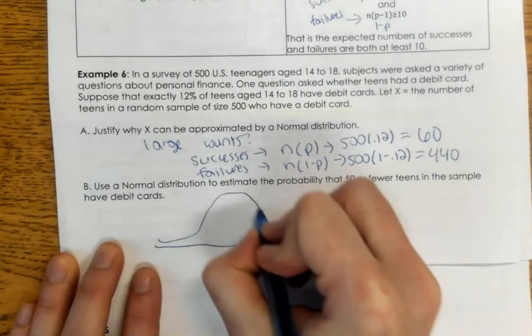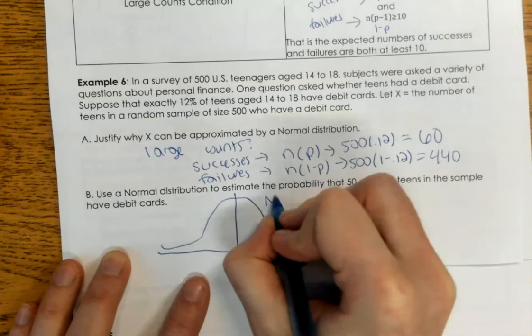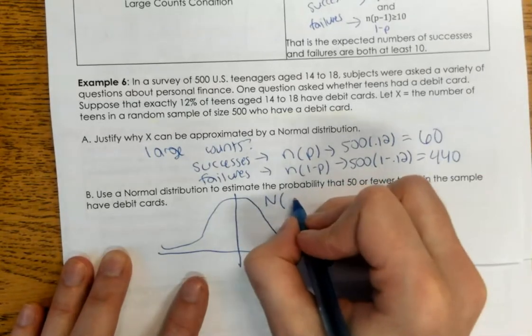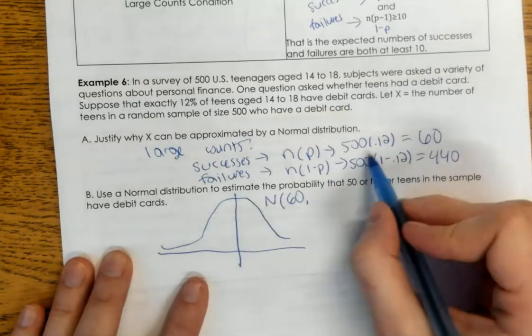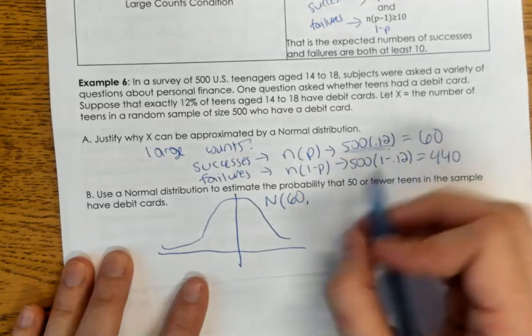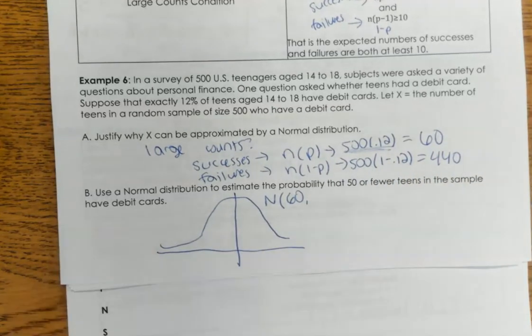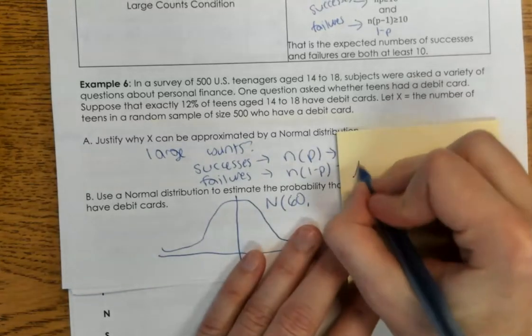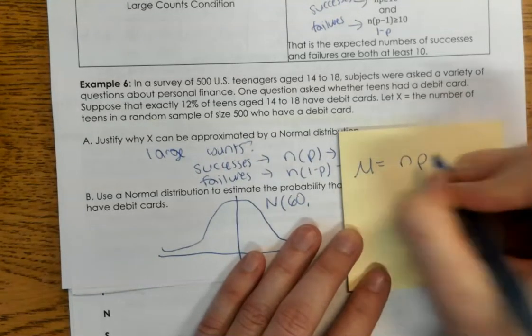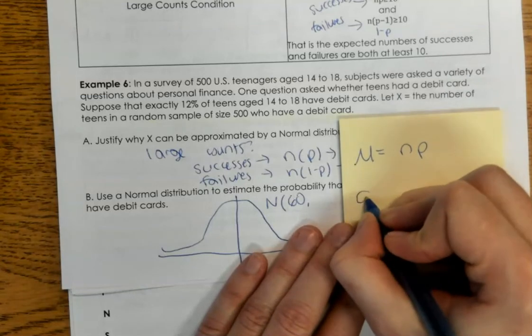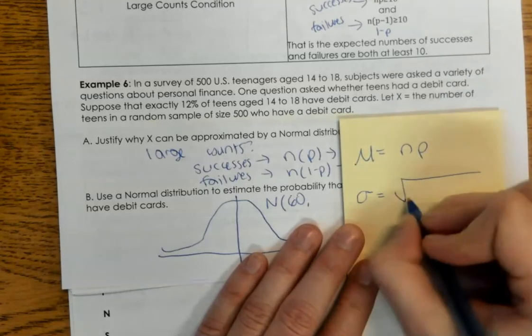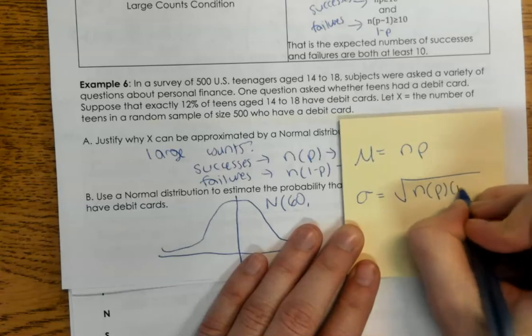All right, so we have a normal distribution. I know that my mean is going to be 60. This is my mean formula, n times p, right? Now my standard deviation, let me go back. The mean is n times p. The standard deviation is equal to the square root of n times p times 1 minus p.